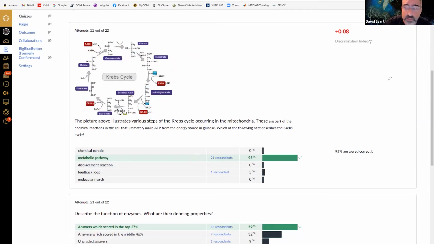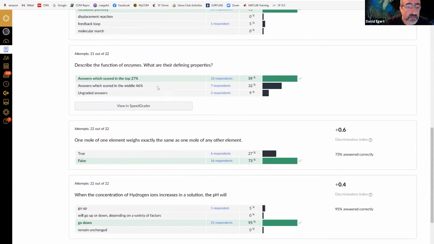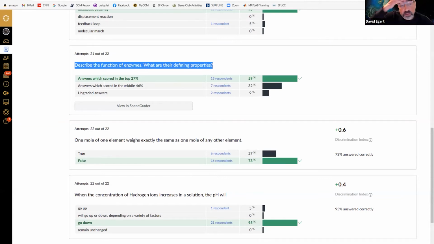Okay. Oh, then I want to turn this off here. Describe the function of enzymes. A lot of people got the basic idea, but a lot of people didn't get both of the defining properties. When you talk about an enzyme being an organic catalyst, what are the two things that are the defining properties of a catalyst? They speed up a reaction.